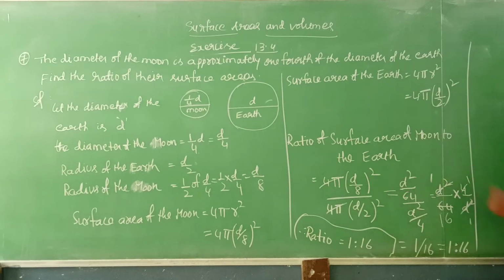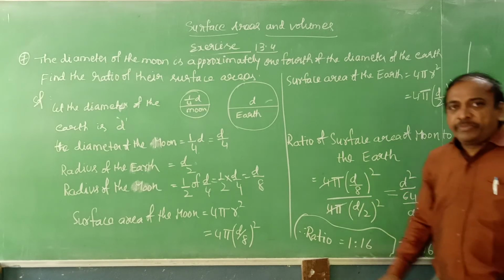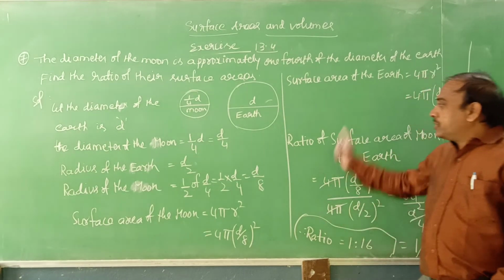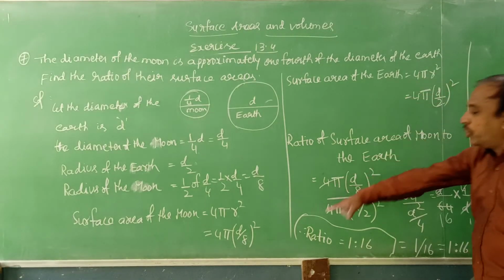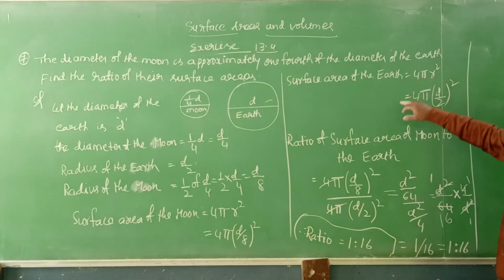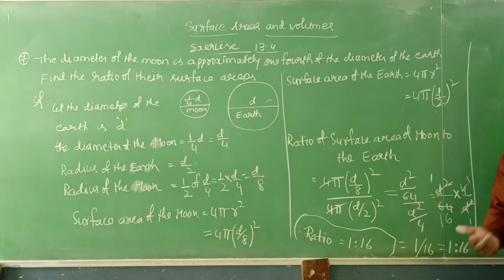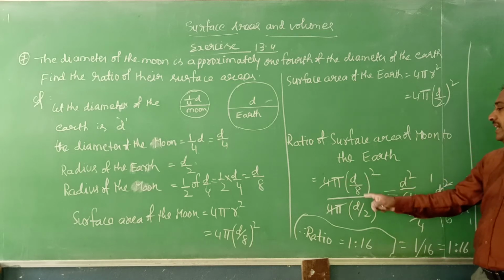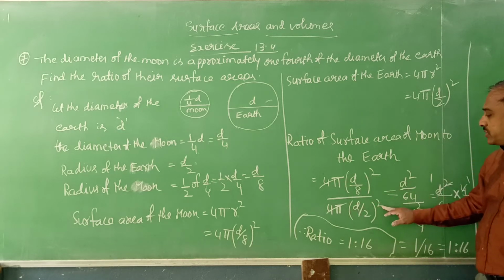Both are spherical, so the surface area of the moon is 4 pi d by 8 whole square, and the surface area of the earth is 4 pi d by 2 whole square. Ratio is nothing but comparison. So 4 pi d by 8 whole square by 4 pi d by 2 whole square.